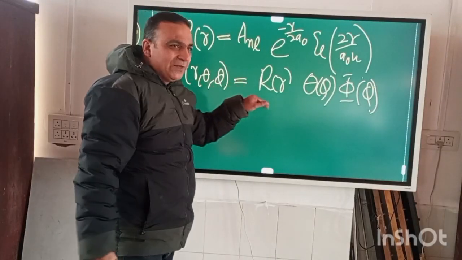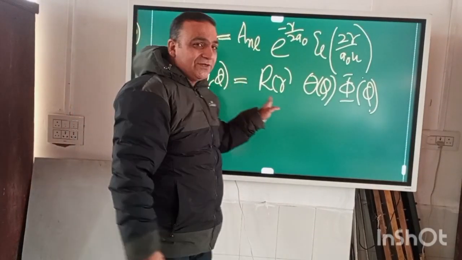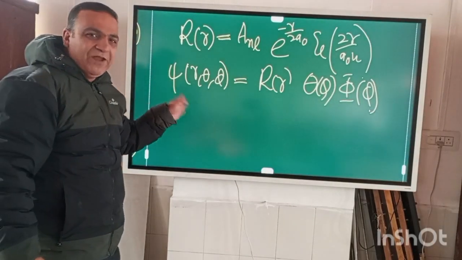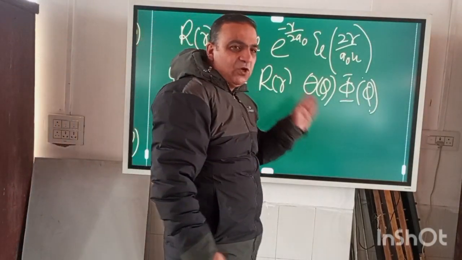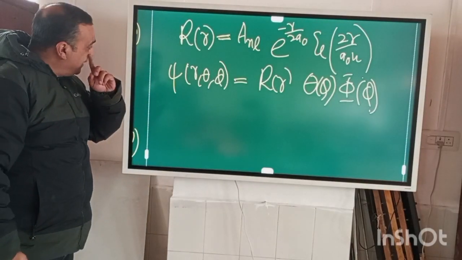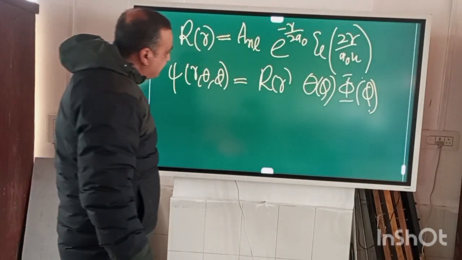In principle, you have to write down all of these solutions, and then you will have the complete solution for the problem of hydrogen atom in spherical polar coordinates.